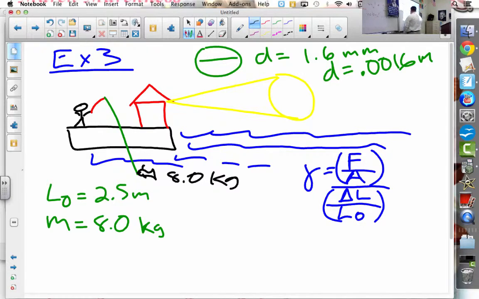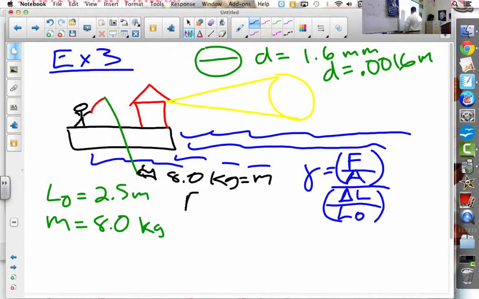Well, this fish has a mass, but what is the force? Well, we have to make some assumptions. 2.5 meters isn't very long, so let's assume that the fish is out of the water and he's reeling it in. What force is that fish going to have on that line?